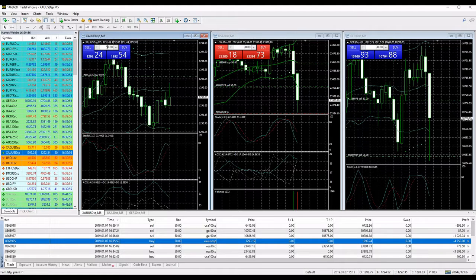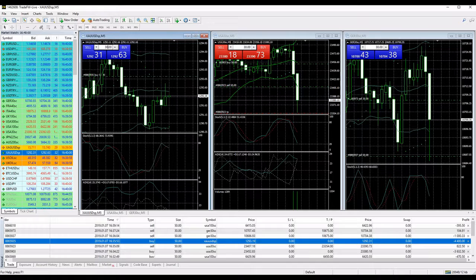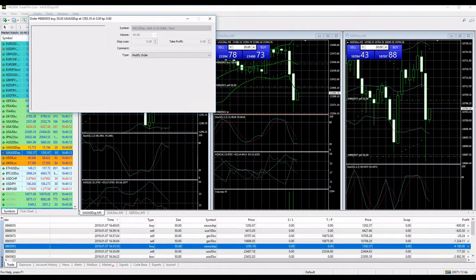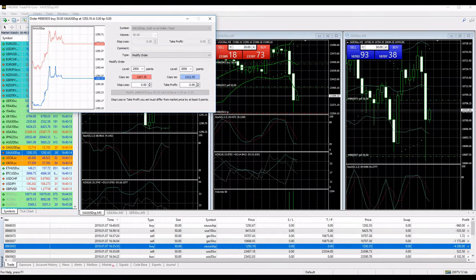I'm going again for a long position on gold with 30 lots. Here we go. I'm buying now. Just bought gold. And on gold, my take profit will be at 1,293.70.